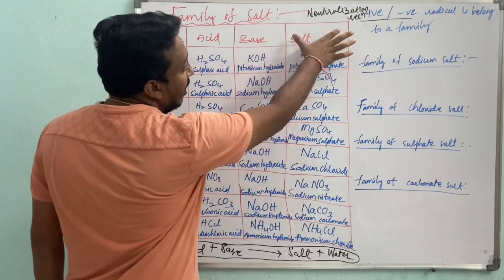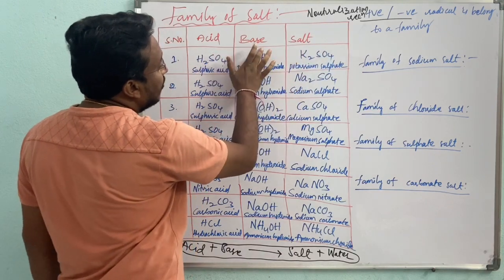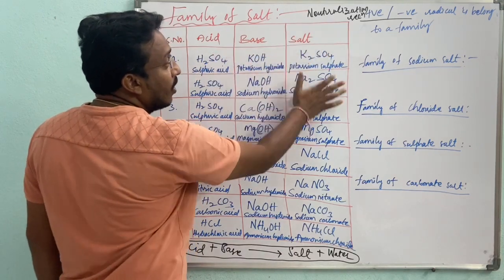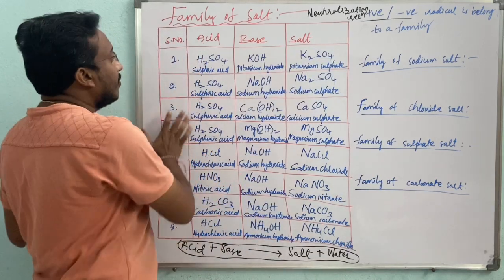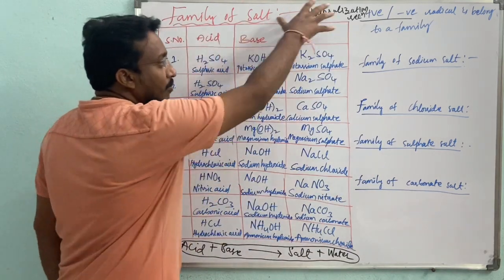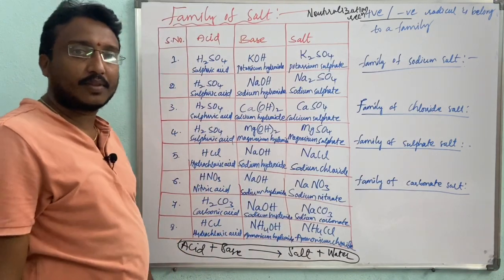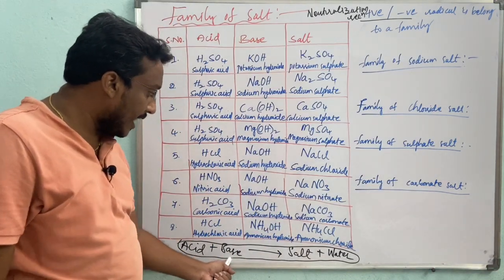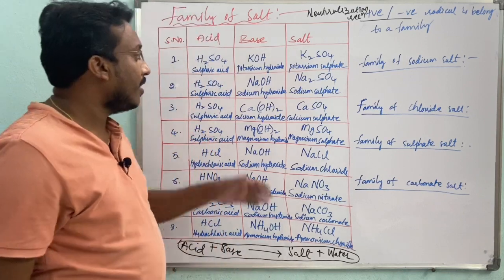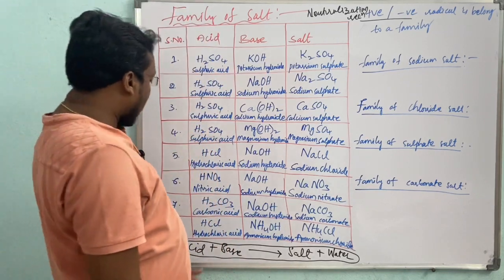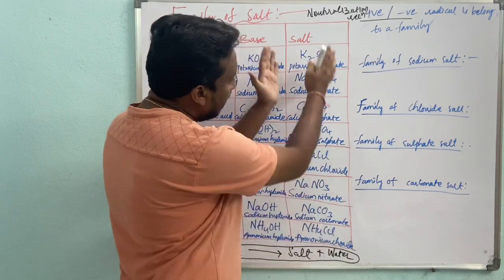Along with the salt, the common product from all these examples is water. Acid reacts with base and we get salt and water. Here we have approximately 8 examples.